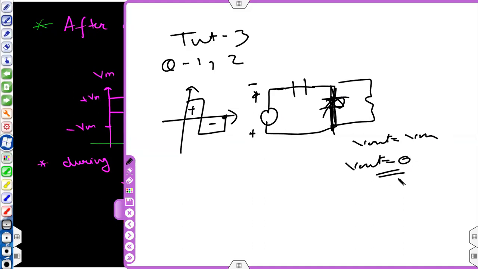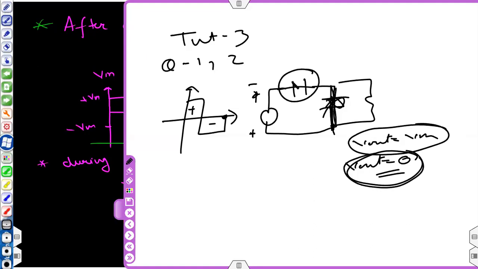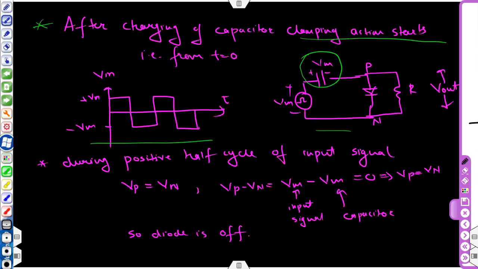So no clamping action is happening. Basically, it is clipping, because we have not considered the charging of this capacitor. So always assume one pre-charging cycle is given, during which the capacitor will charge. After evaluating VC, plus minus or minus plus, whatever the polarity, you simply start your analysis in this manner.